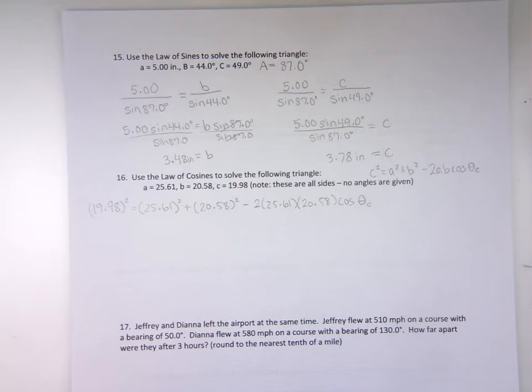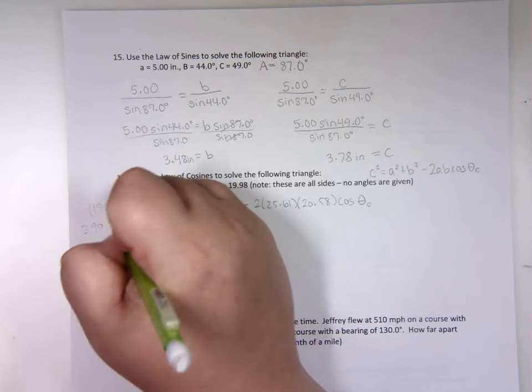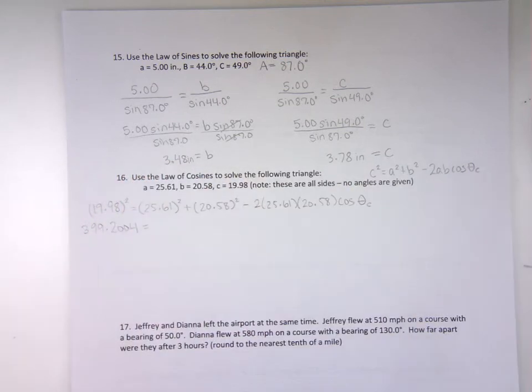19.98 squared is 399.2004. I'm going to keep all of my decimals for right now until I'm done with all of the adding and subtracting. You should really round at the final step. So try to hold on to as many decimal places as you can within the calculations and only round at the end.